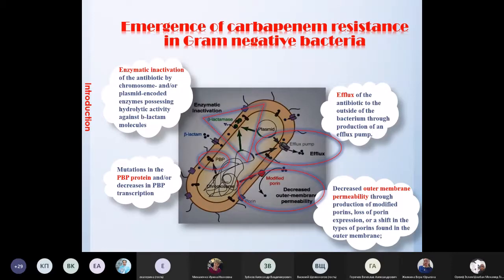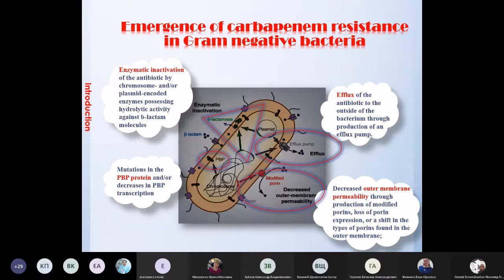Now, we know the classes of antibiotics, but we need to see how carbapenem resistance emerges in gram-negative bacteria. There are several mechanisms of resistance. For example, enzymatic inactivation by carbapenemases, alteration of penicillin-binding protein, which is the target site of antibiotics, or decreased outer membrane permeability.